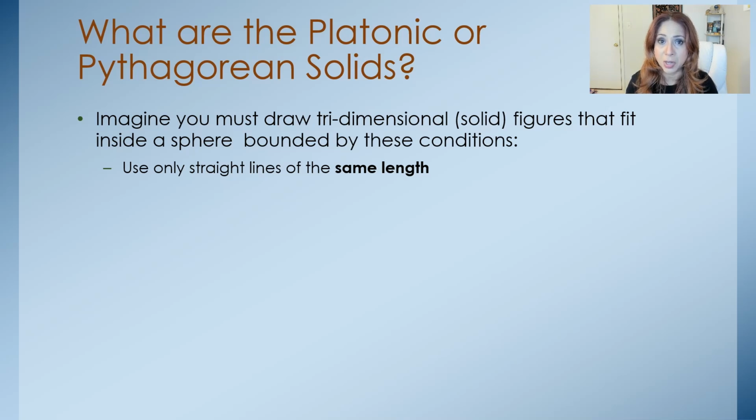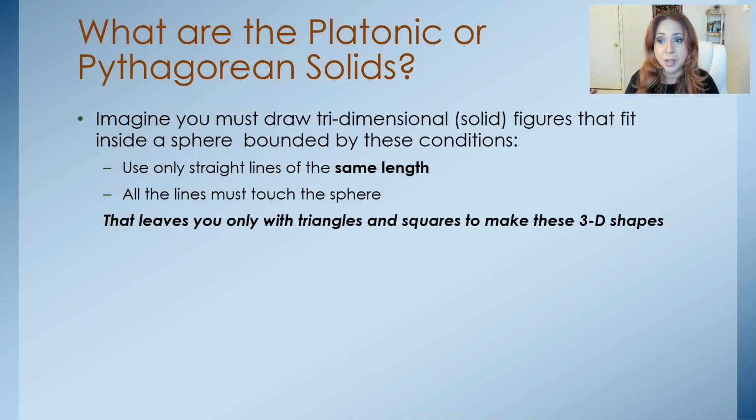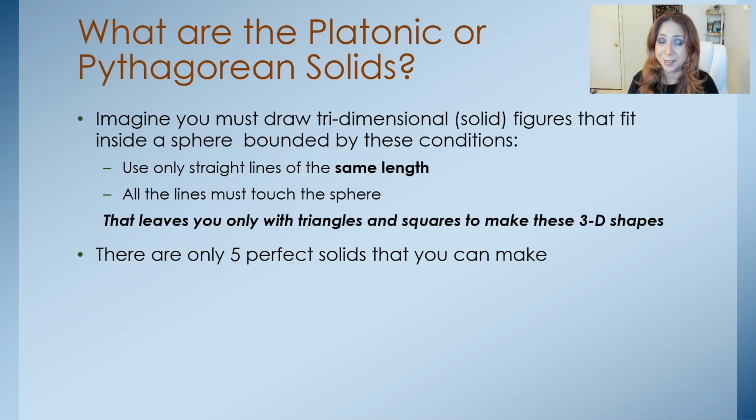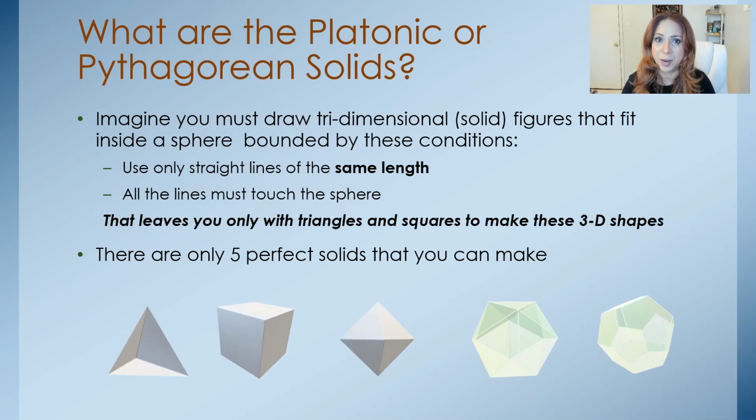You can only use lines of the same length to build the figures that are going to fit in here. The other is that all those vertices must touch the sphere, and by vertex I mean the angle where two lines meet. That will leave you, if you're doing this exercise, with triangles and squares. And there are only 5 perfect solids that meet these criteria, and those are what we call the 5 Platonic solids.